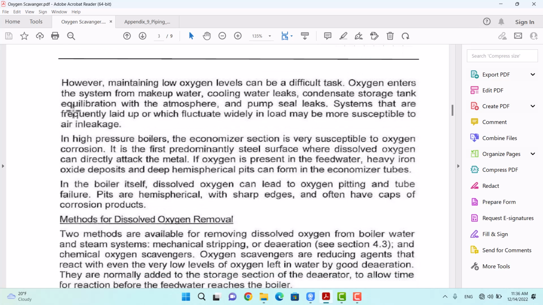Oxygen enters the system from makeup water, cooling water leaks, condensate storage tanks' equilibration with the atmosphere, and pump seal leaks. Systems that are frequently laid up or which fluctuate wildly in load may be more susceptible to air leakage.